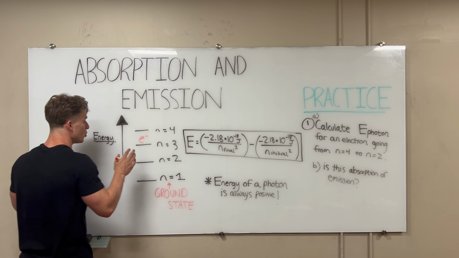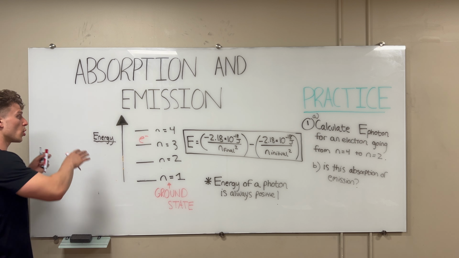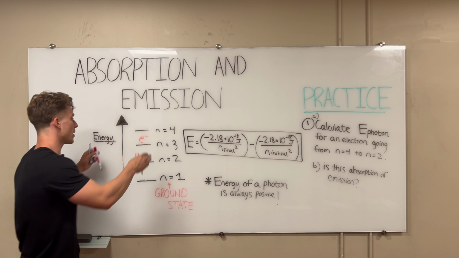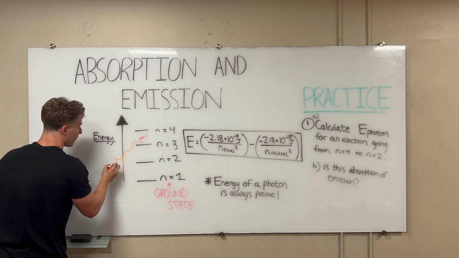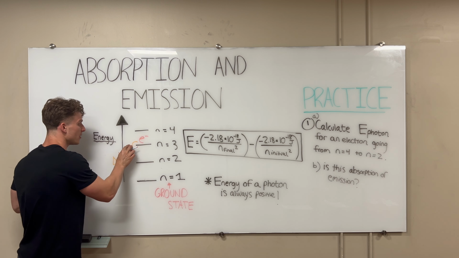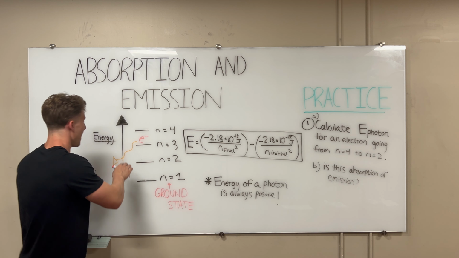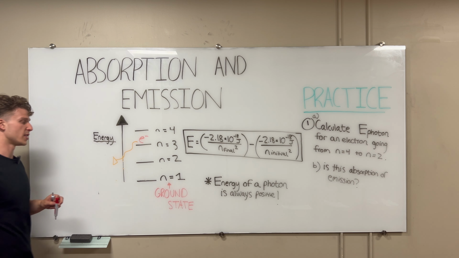What you're still doing is working with photons. The only difference is when you're absorbing, you're hitting that electron with the photon so it can absorb it to go to a higher state. Here, we're still working with photons. However, we are emitting a photon, right? This is still a light wave that carries that amount of energy, that photon. And we are going to get rid of that energy so it can reach a lower energy state.